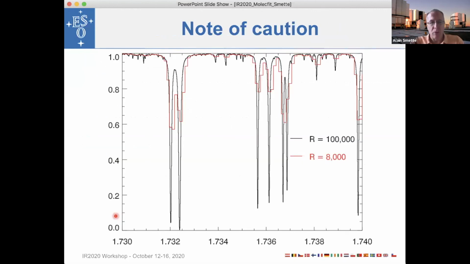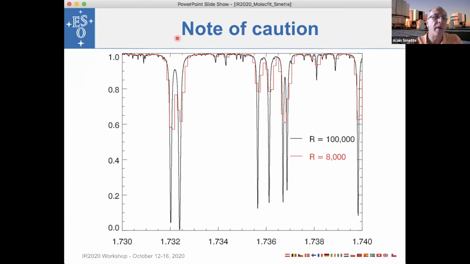I would like to, as always when I make a presentation on Molecfit, make a note of caution. It's not because we have a very good telluric line correction that we recover all the information.